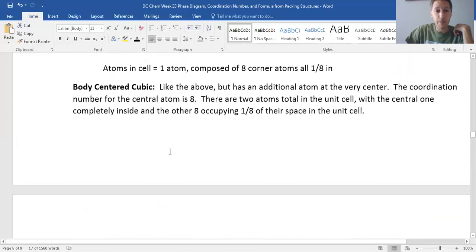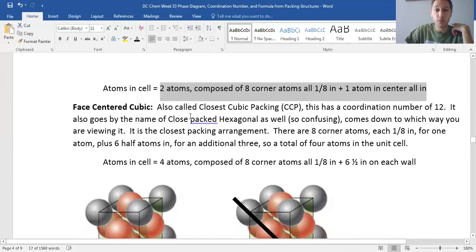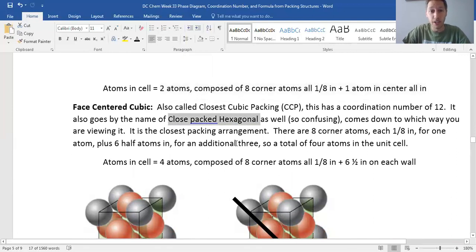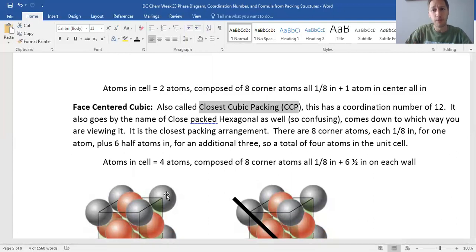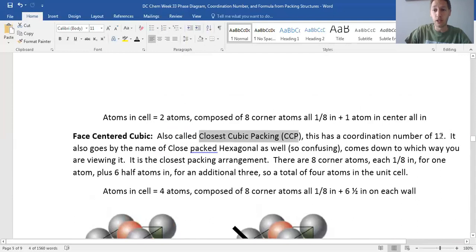The last type of packing structure is face center cubic, which, if you see hexagonal close packing, we're going to call it the same thing. It goes by a lot of different names: CCP, FCC, oh man. There are slight differences between them, but in this class, we're going to call them all the same, okay? This one here has a coordination number 12.